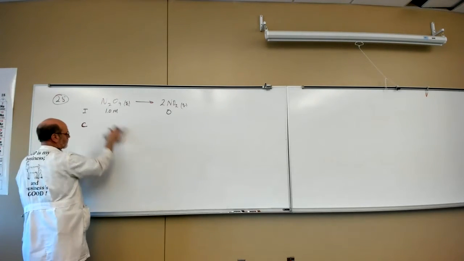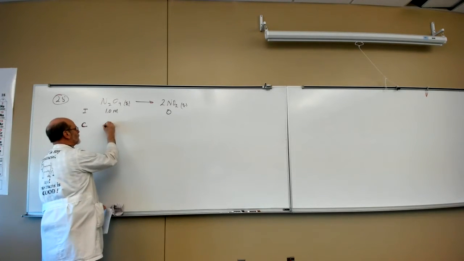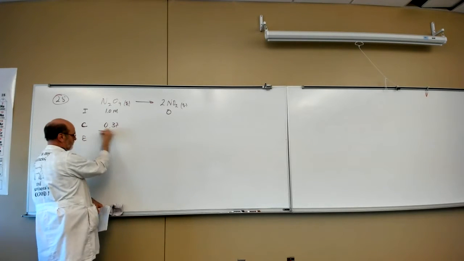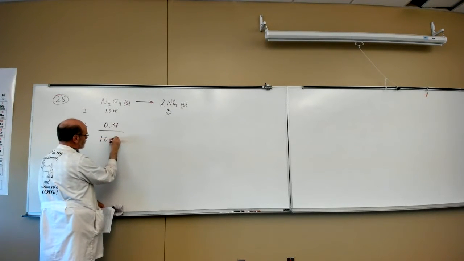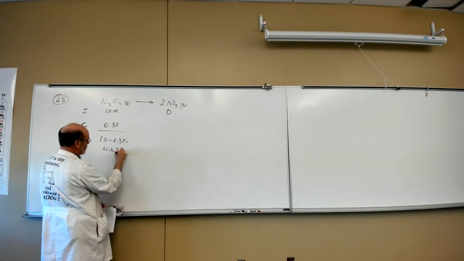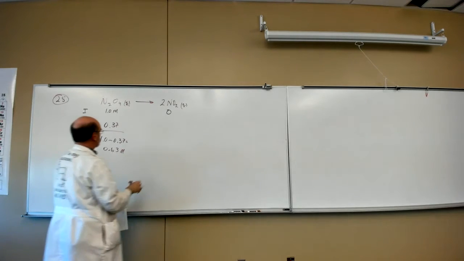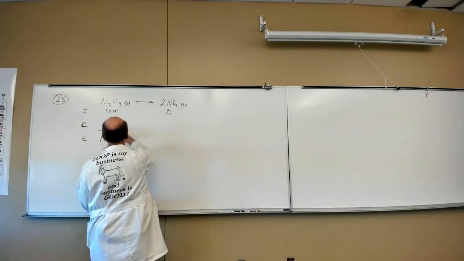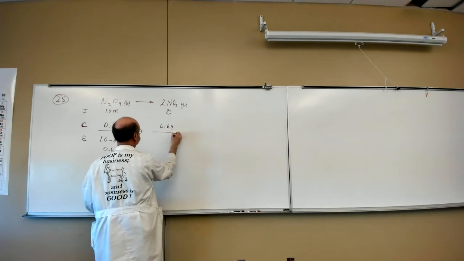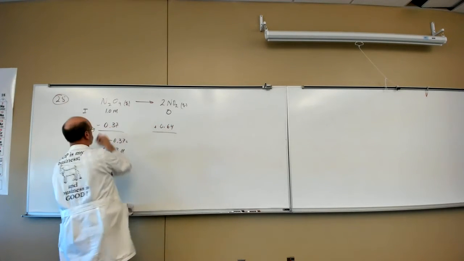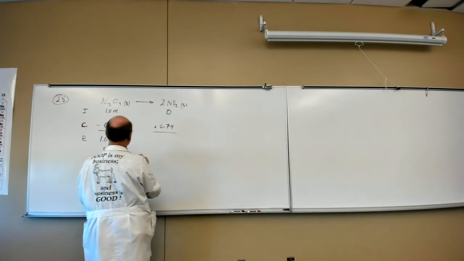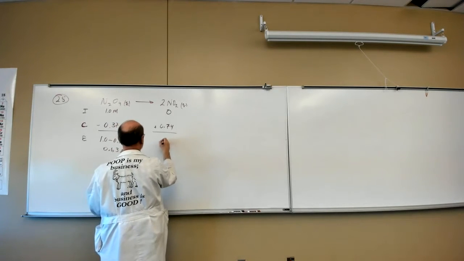Okay, so that should be, actually, no. No, the equilibrium. 0.37. Now equilibrium, you're right. 1 minus 0.37 equals 0.63. So that's our equilibrium position there. On this side, this is going to show up as 0.74. Yes. So here we have 0.74.